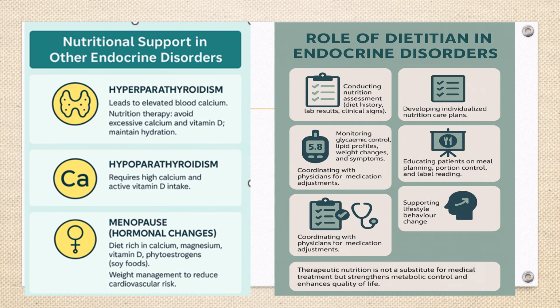They will not be able to achieve this. So there's need for us to educate them, let them understand the need to read labels of food, to portion their food, and also to plan their meal. There's a need for adjustment in preparation. It's very important. This is the role of a dietitian.